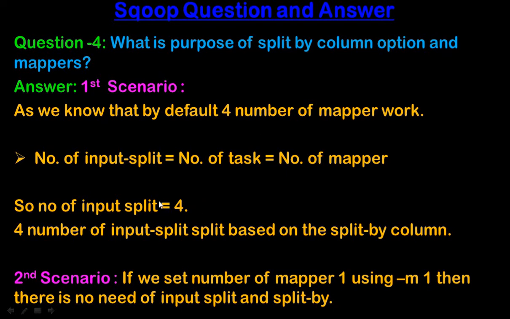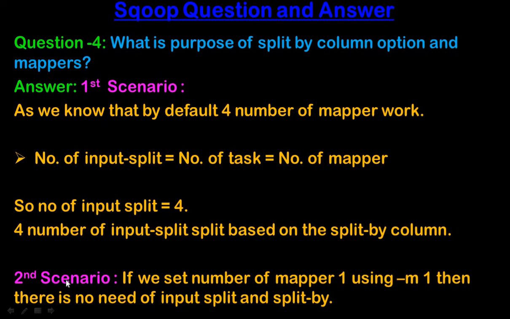So the 4 input splits are based on the split-by column. The column name which we specify tells Sqoop to split the records and divide them among the mappers based on this column. So Sqoop will split the whole table's records based on that specified column name.